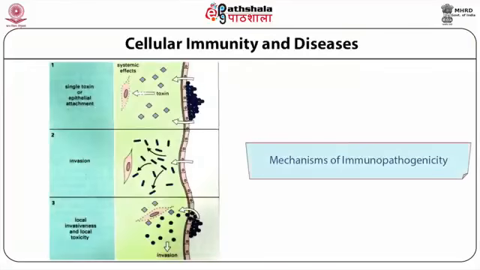Some bacteria which do not invade cells exert their pathogenicity via epithelial attachment. These generally release toxins inside the cells. Corynebacterium diphtheriae, Clostridium tetani, Vibrio cholerae, and group A streptococci, which cause sore throat, are such pathogens.